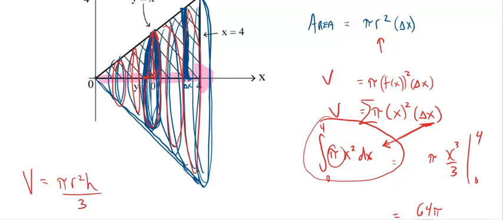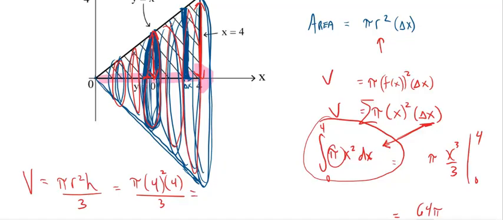That's along the x-axis. So pi times 4. And then the radius is the y value. And they're the same in this case because it's the line y equals x. So the radius is the distance from here to here, which is also 4.